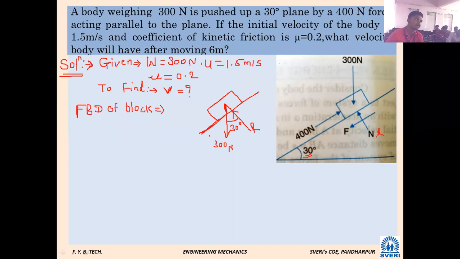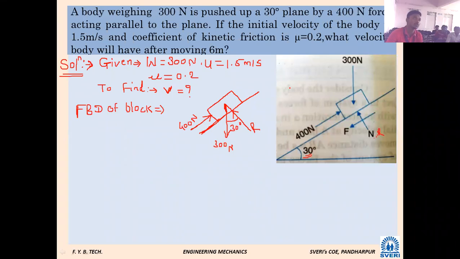400 Newton force is applied in this direction. So what will be the direction of the frictional force? Opposite to the motion.